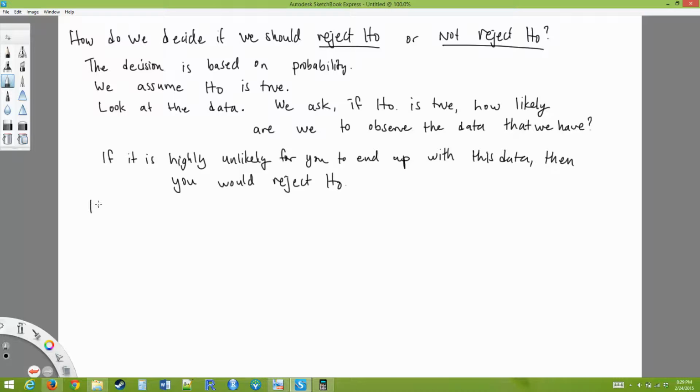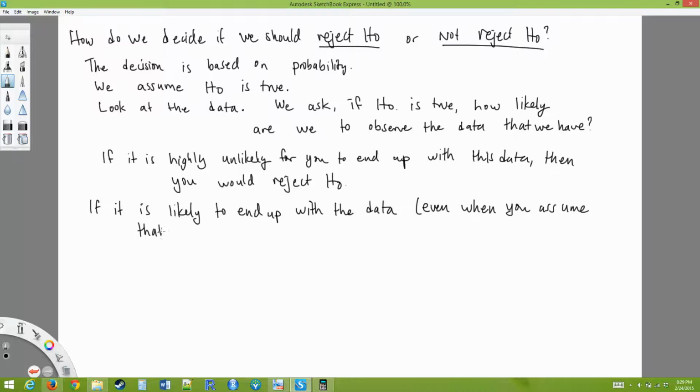On the other hand, if it is likely to end up with the data, even when you assume the null hypothesis is true, then you do not reject the null hypothesis.